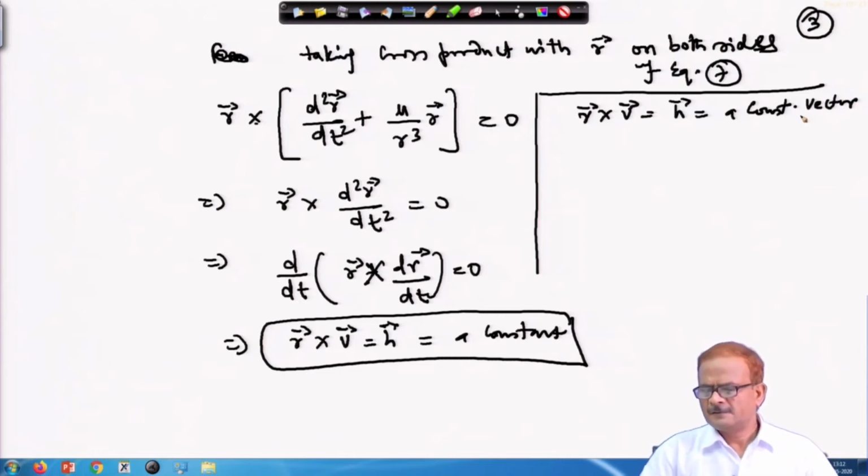This says that the motion of particle 2 with respect to particle 1 takes place in a plane.